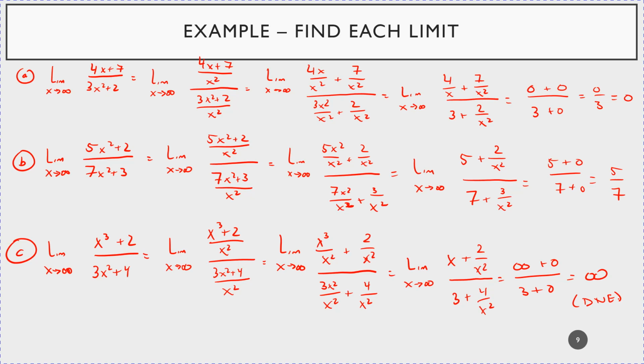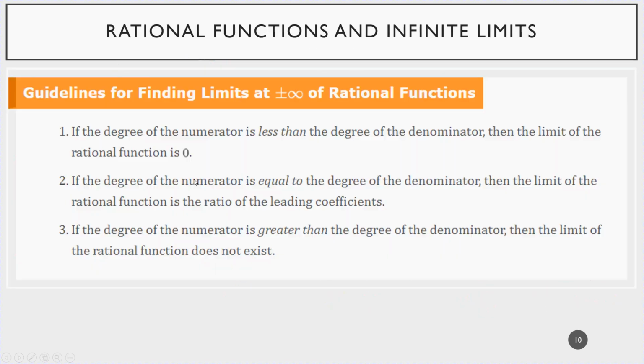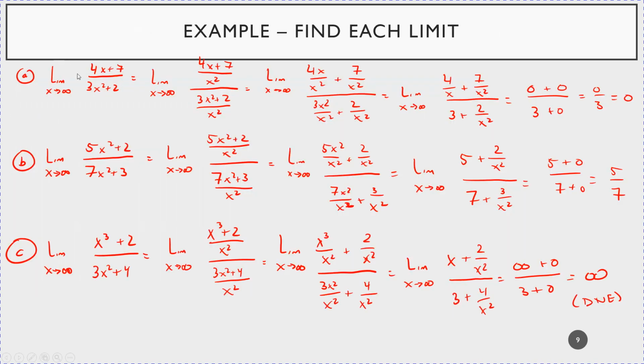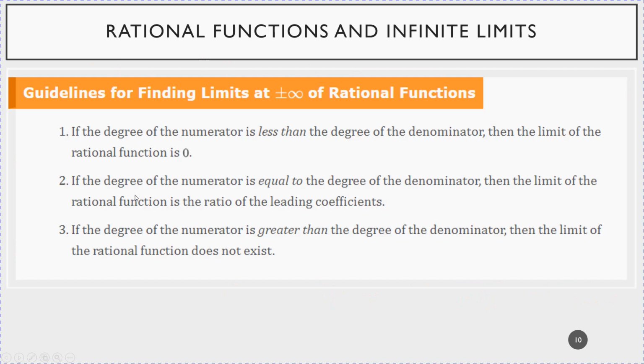Let's talk about a way you can evaluate these limits actually without this trick. So this is a guideline for finding limits at plus or minus infinity of these rational functions. So look, these are all rational functions. And it goes like this. If the degree of the numerator is less than the degree of the denominator, then the limit of the rational function is 0.